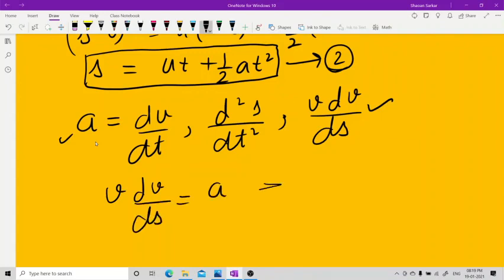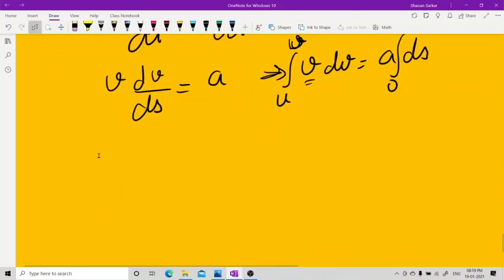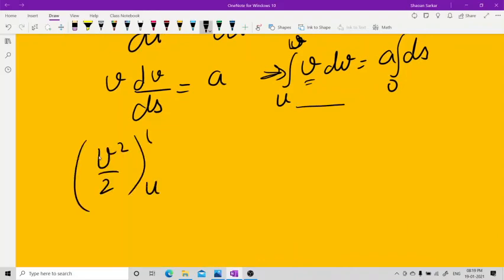From this I'll write v dv is equal to a ds, and now I'll integrate from initial to final. v is final, and this is initial. This is the variable v. So now this will become v square by 2, then you have your lower limit and upper limit.